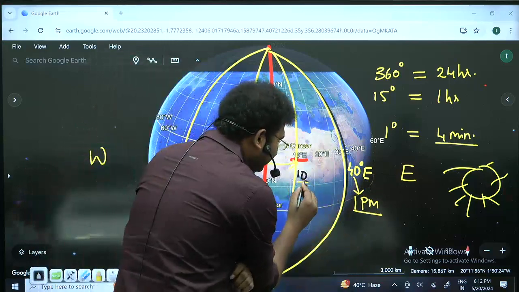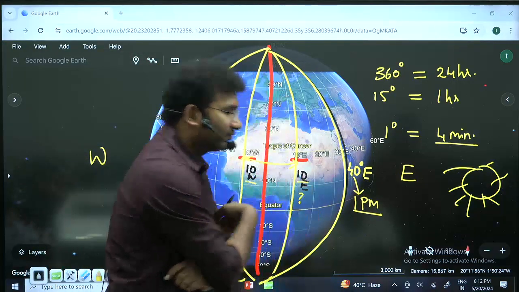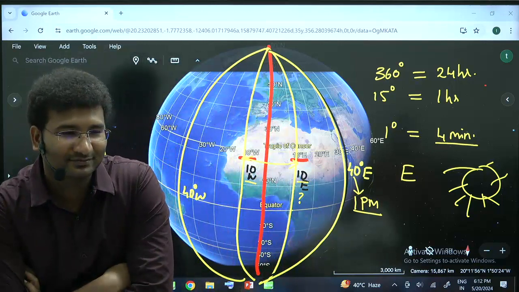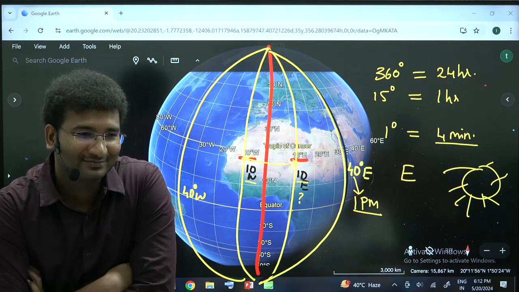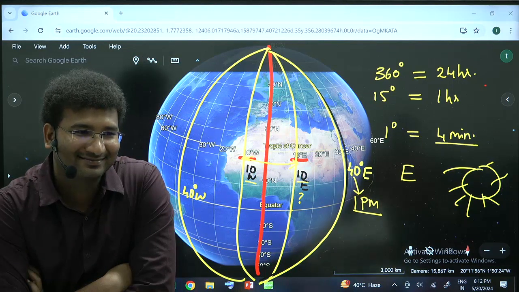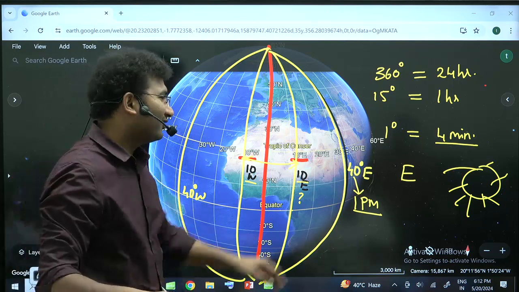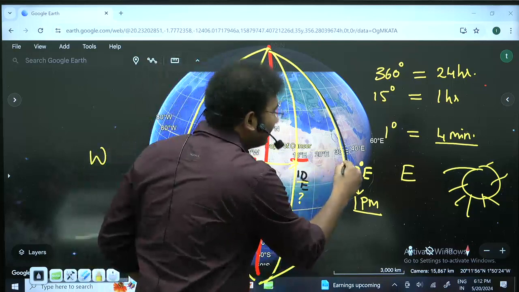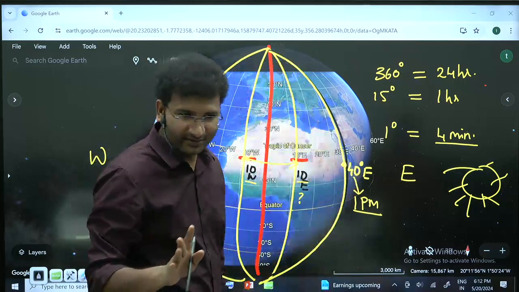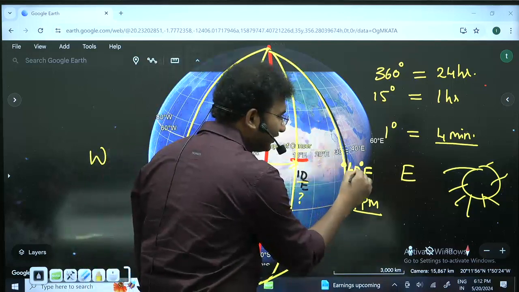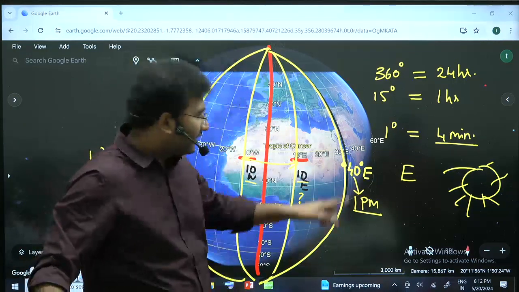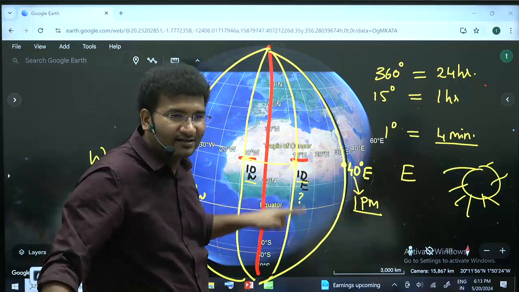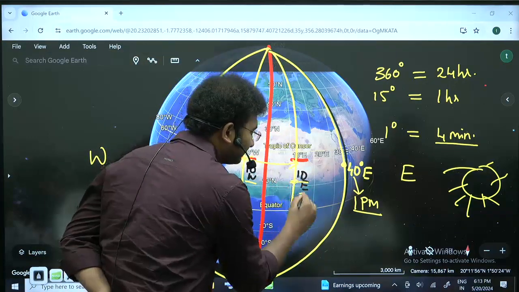What will be the time at 10 degrees east? टाइम बताओ. देखो मैं कह रहा हूं, at a place called 40 degrees east on this longitude, ये सारे लॉन्गिट्यूड्स पे टाइम सेम ही होता है. ठीक है, अब इस लॉन्गिट्यूड पे 40 डिग्रीज ईस्ट पे I told you the time is 1 p.m. Now you tell me what is the time at 10 degrees east longitude. What is the time here?